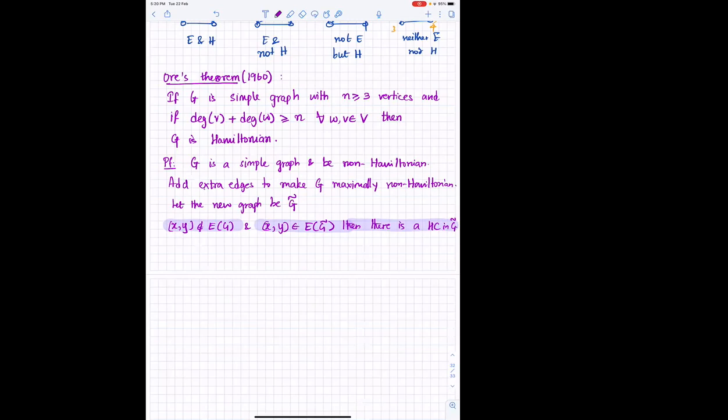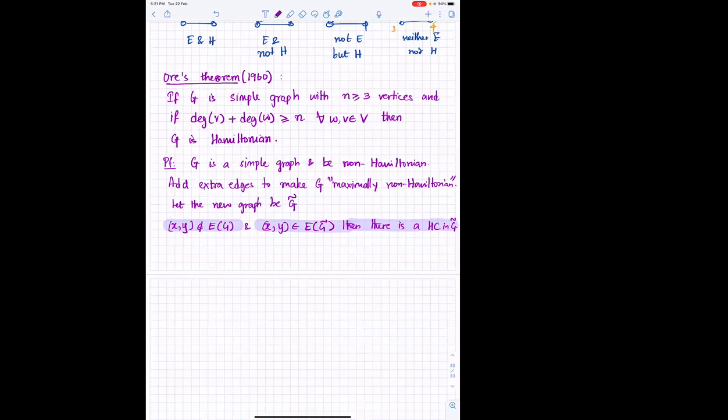Now I will keep adding extra edges to the graph, and I will stop at the point where if I add one more edge, it will become Hamiltonian. So that is what I mean by maximally non-Hamiltonian. You cannot add any more edge and still ensure that the graph is non-Hamiltonian.